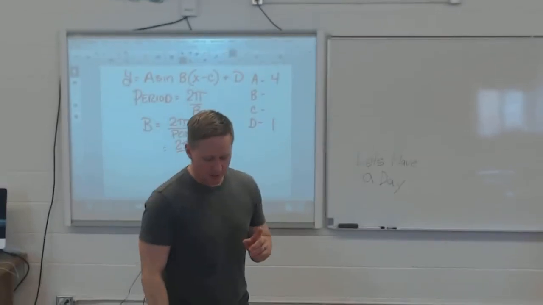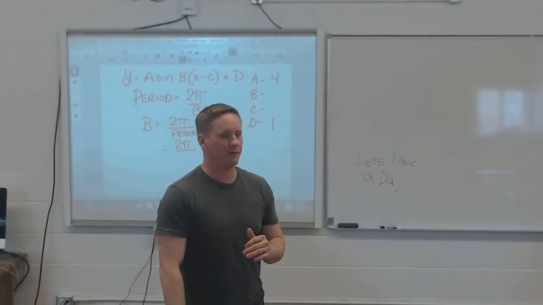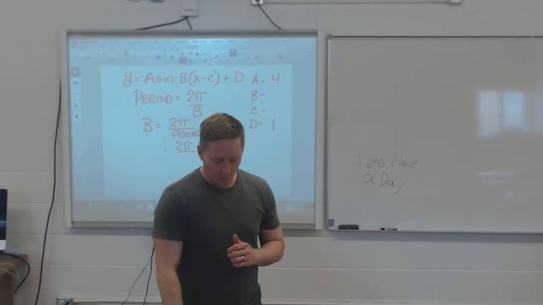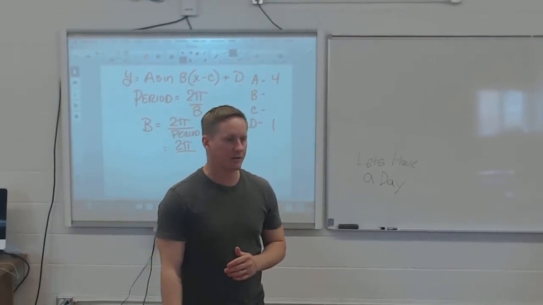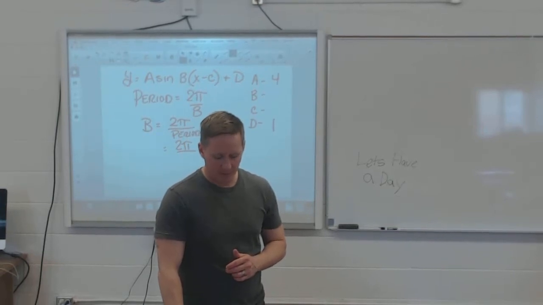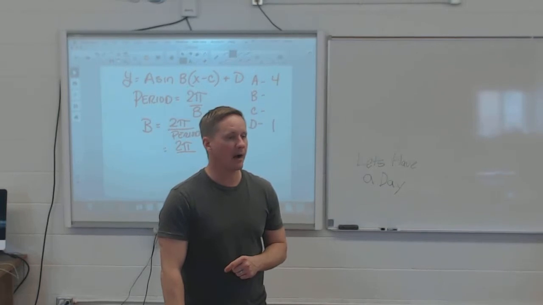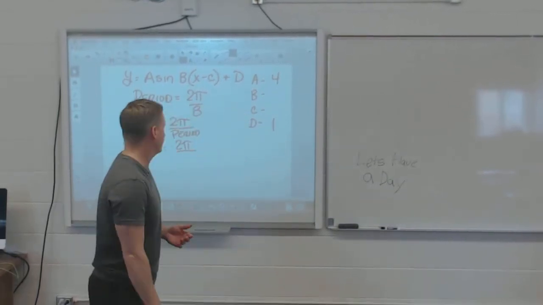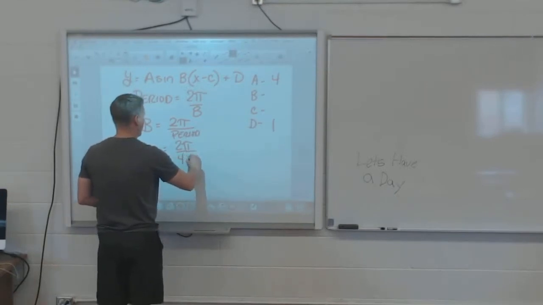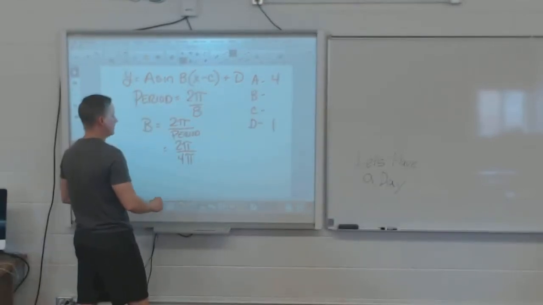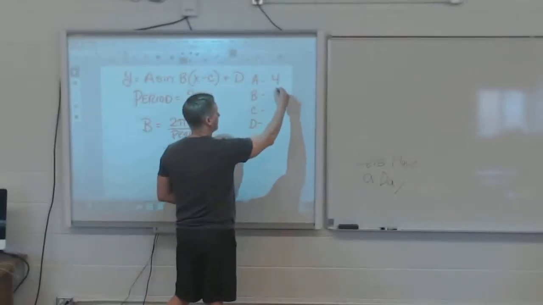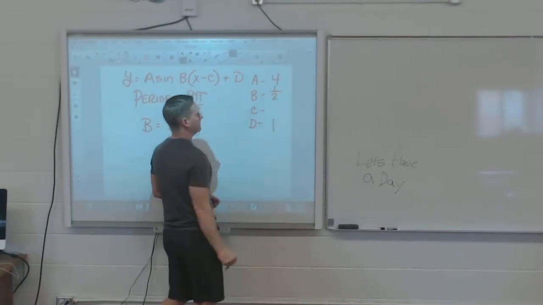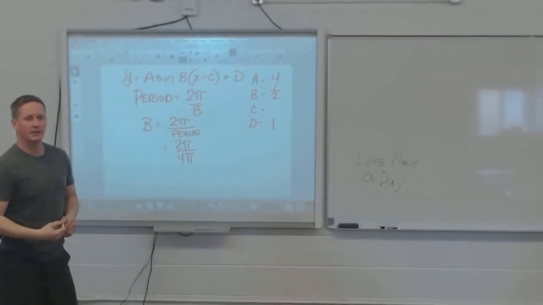So I'm going to use the bottom of the graph, my minimum value. Where does my first minimum occur after 0 radians? At pi, right? And then where does my next one occur? 5 pi. So that makes the period 4 pi. Which then makes my b value actually 1/2. Okay so far?